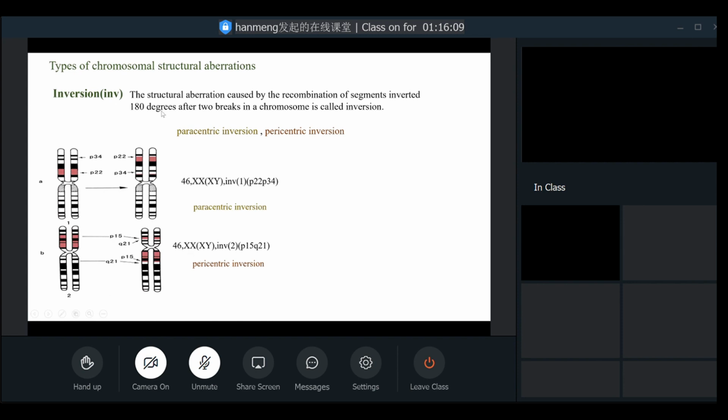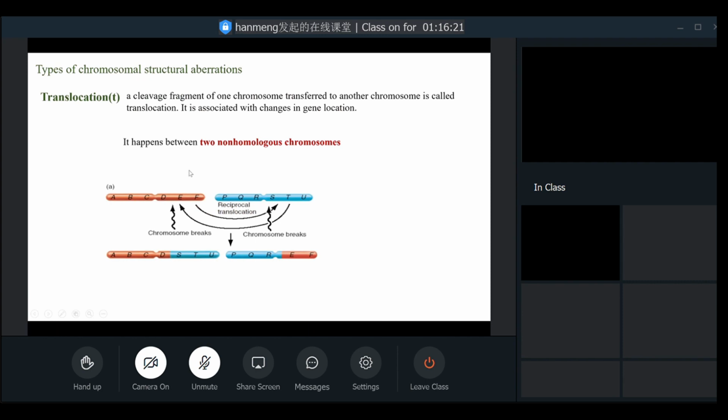So inversion includes the paracentric inversion and the pericentric inversion. Then the last type of chromosome structural aberration today is the translocation, abbreviated as t.